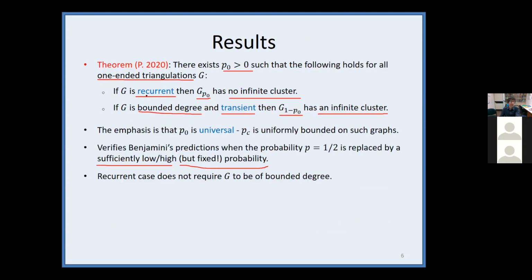However, even though the graph is recurrent, it may have very large, even infinite supremum over the degrees, so that strategy will not work. But still, there is a universal lower bound on pc and universal upper bound when it's transient and bounded degree. And in the recurrent case, you don't even need bounded degree. So this is the main result that I'd like to explain to you. Are there questions about the result? Please feel free to interrupt me at any time and ask questions.